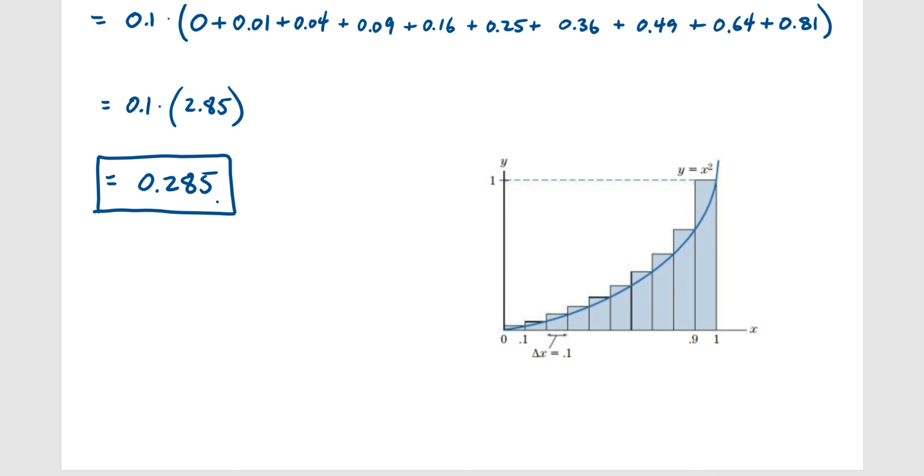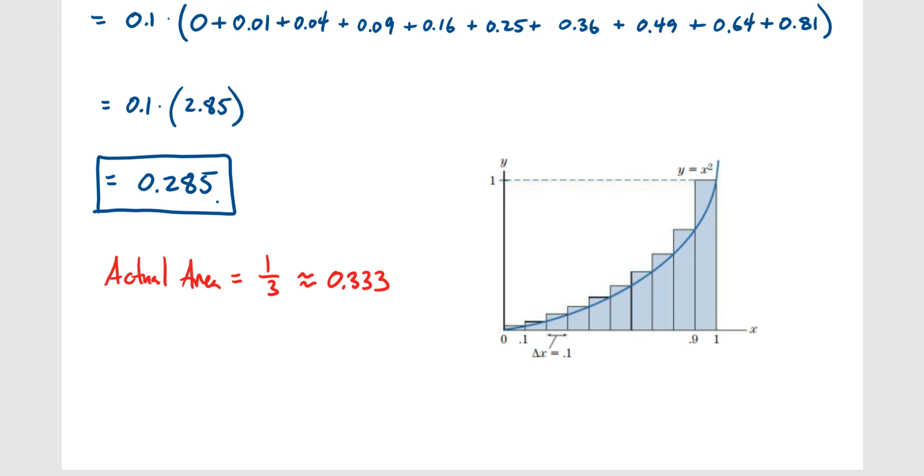Okay, so remember that the actual area here is what we found in the last one. The actual area from 0 to 1 here is 1/3, which is about 0.333. It's 0.3 repeating.